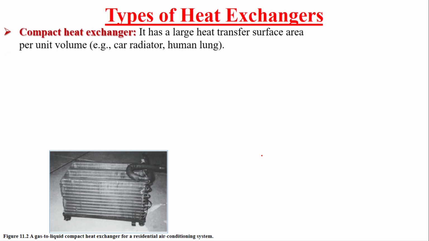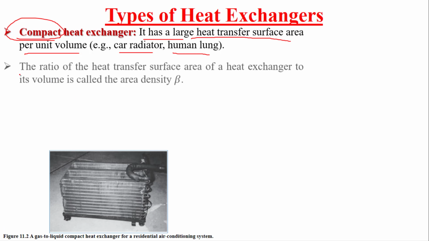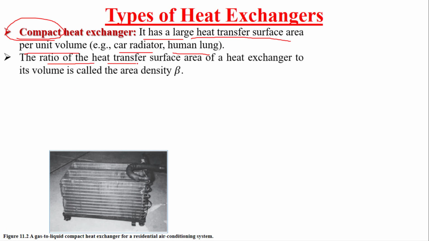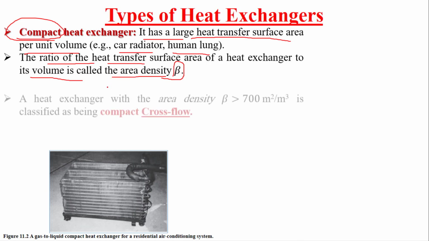Another type of heat exchanger is the compact heat exchanger. From its name, it has a large heat transfer surface area per unit volume, like a car radiator or the human lung. The ratio of the heat transfer surface area of the heat exchanger to its volume is called the area density, beta.